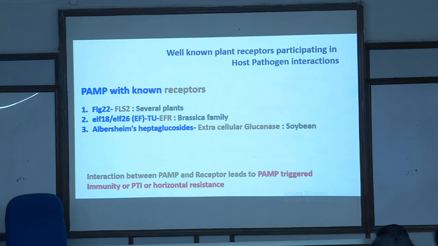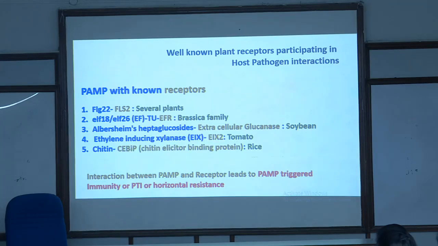And we have another one, ethylene inducing xylanase, a PAM interacting with EIX2, a receptor in the tomato system, and the chitin that is interacting with CEBiP.